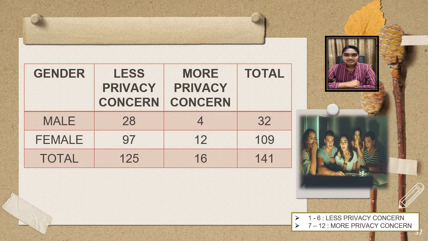From this question, I came up with this table which consists of gender, less privacy concern, more privacy concern, and lastly total. Here, less privacy concern means ratings from 1 to 6, and more privacy concern means 7 to 12.